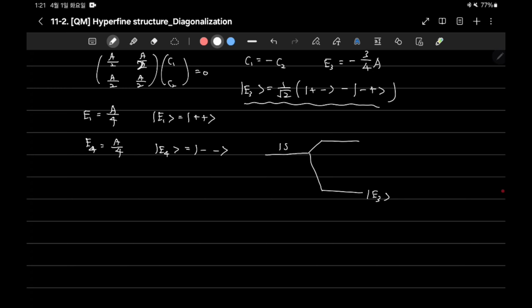The E3 state has the energy level deep inside, minus 3/4 A, and also here the E2 state, the E1 state and the E4 state are degenerated, and the energy level is a quarter A. So there is the hyperfine interaction energy.